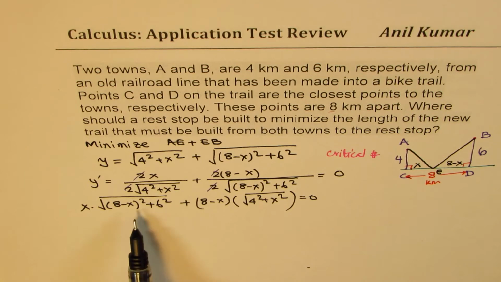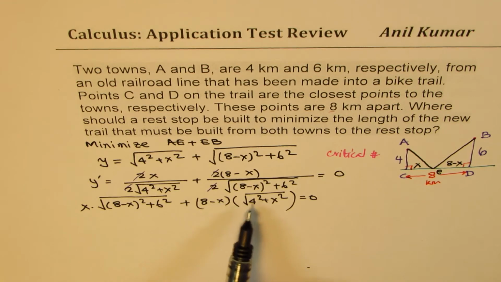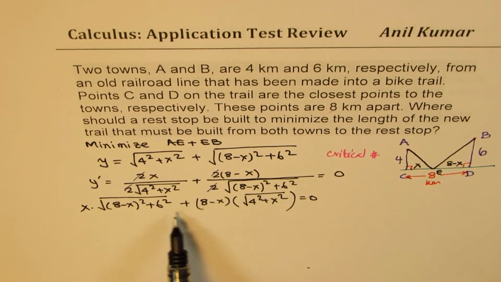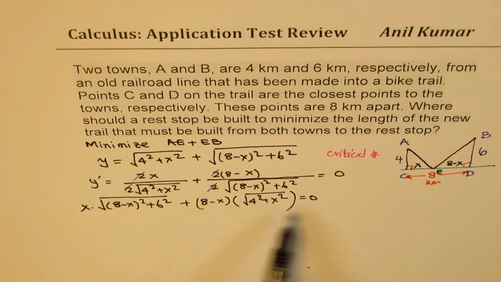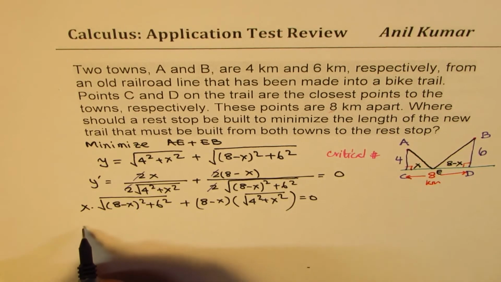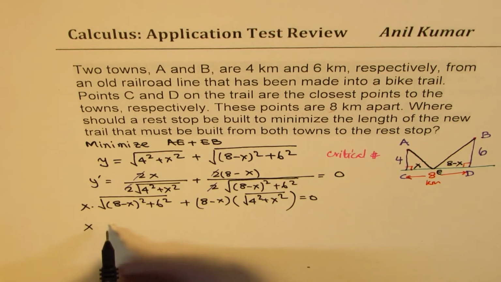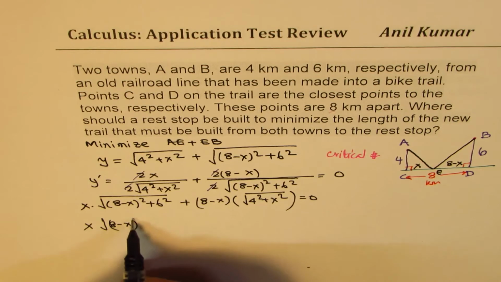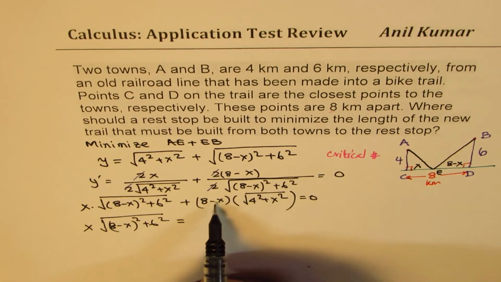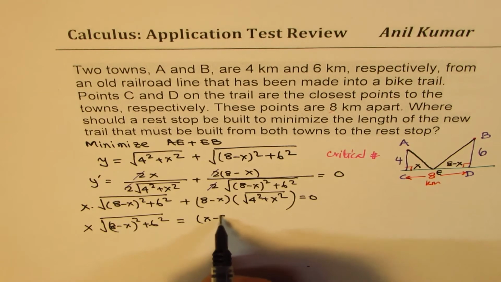Now, in this equation, we have a minus x term also. So we can actually take it to the other side and then square both sides. So let me rewrite this as x times the square root of (8 minus x) whole squared plus 6 squared equals, when I take it to the other side, I'll write this as x minus 8.